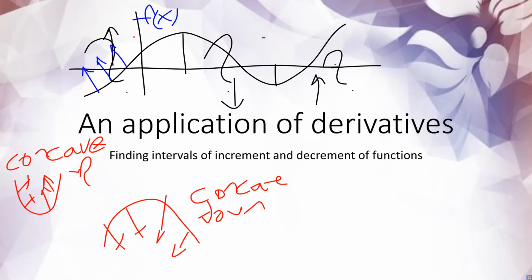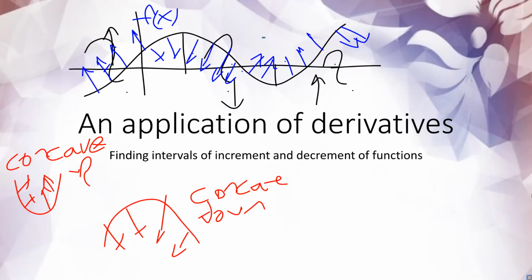Okay, it's concave up. But from here on, it starts looking downwards, isn't it? Like concave down. And then around here, maybe, it again started looking upwards. And maybe here looking a bit downwards, and so on. You see, concave up, concave down, and then up again, and then down again.